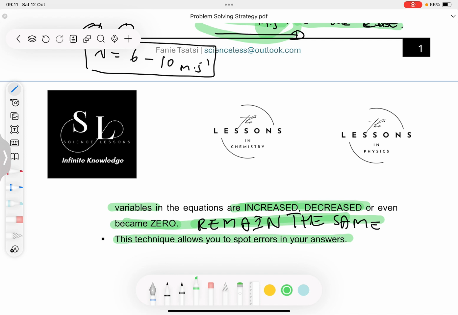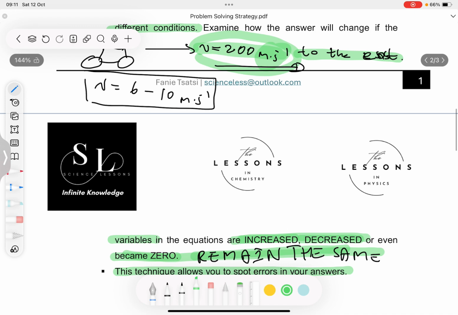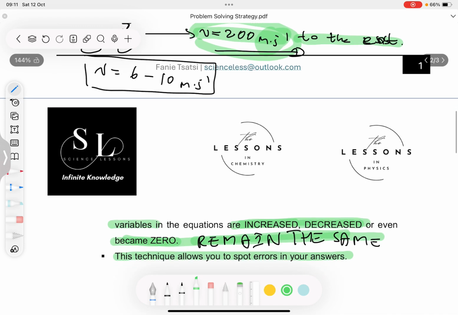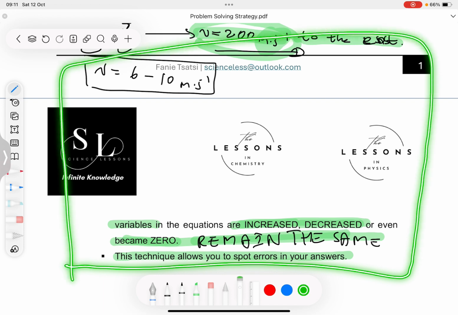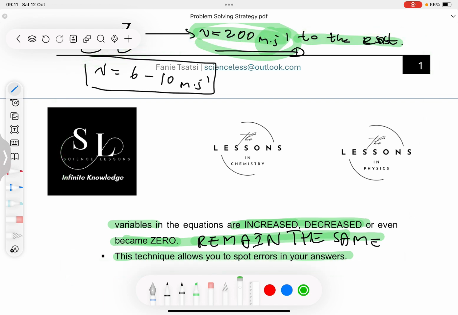Now, this part here, the examiner also likes to put it in the exam papers. I've seen this a lot in the exam papers where they say something changes, how will the other one behave? We're looking at the answer at different conditions. Will it increase, decrease, remain the same, or even become zero? And a lot of people are saying those questions are difficult, they don't like them.